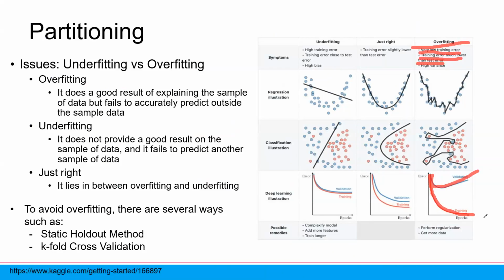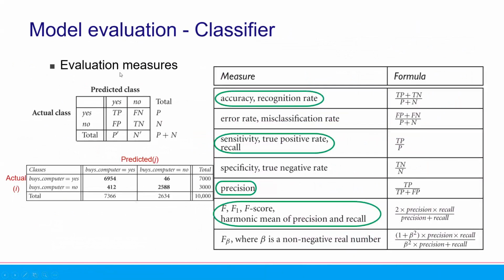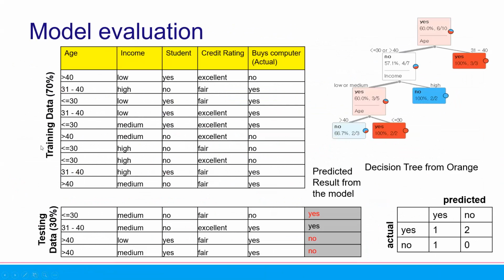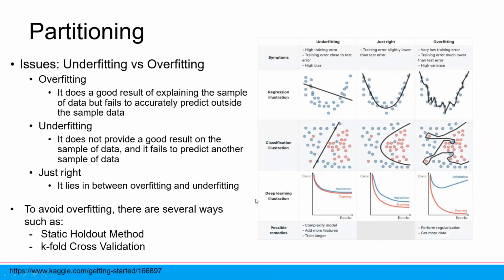If we have two data sets, training and testing, we can distinguish the error rate for the training data and the error rate for the testing data. If the error rate of the training data is low and the error rate for the testing data is high, this is overfitting.